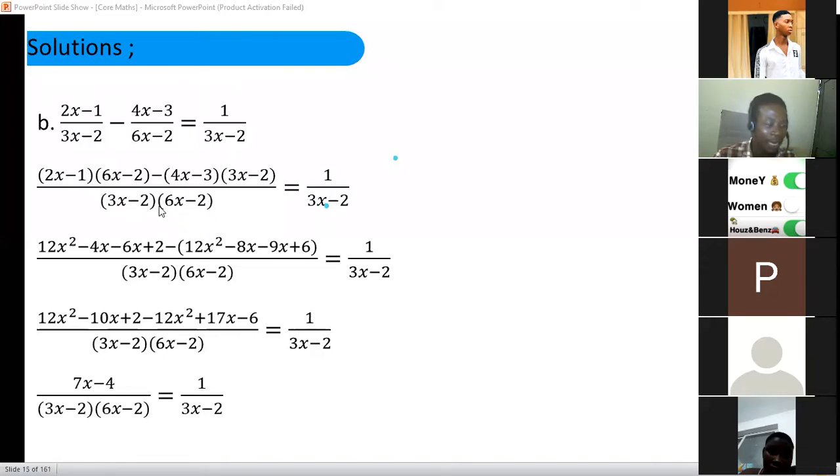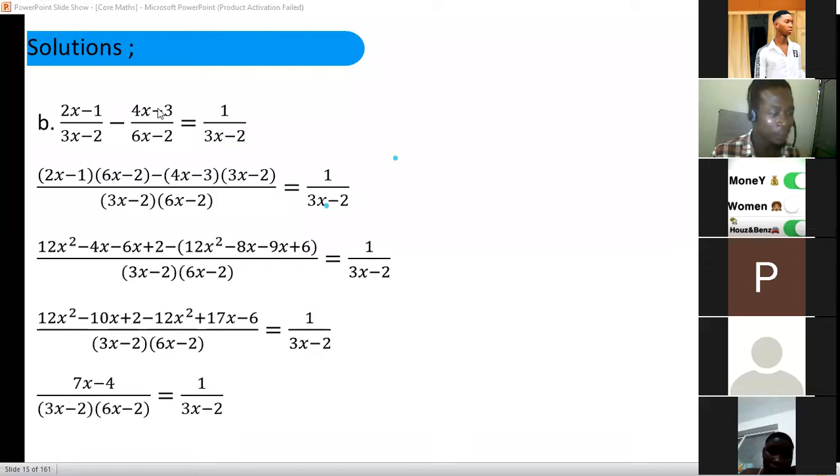So when we divide the LCM by the denominator of the first fraction, I'll be left with 6x minus 2. Then we multiply the 6x minus 2 by the top expression of the first fraction, that is the numerator, 2x minus 1. Then I will get 2x minus 1 into bracket, another bracket, 6x minus 2, minus another bracket, 4x minus 3.